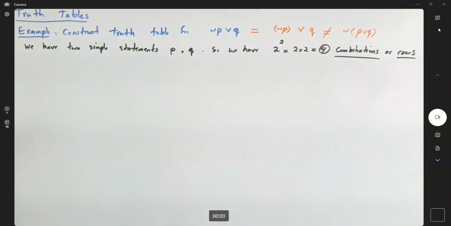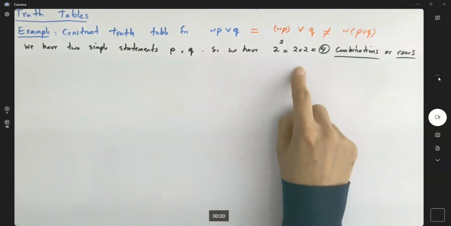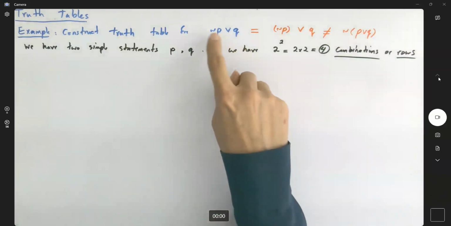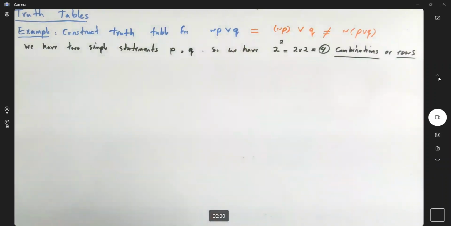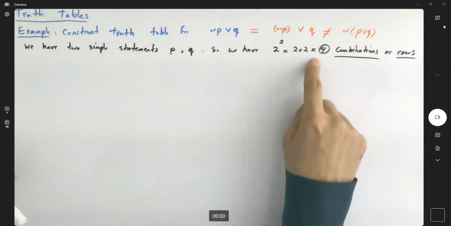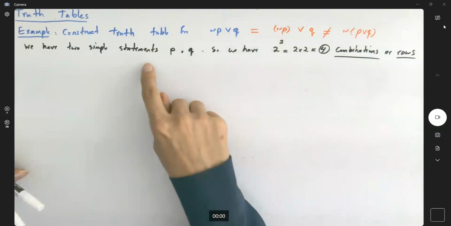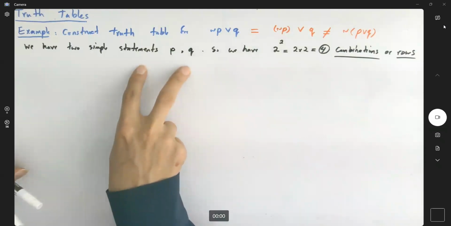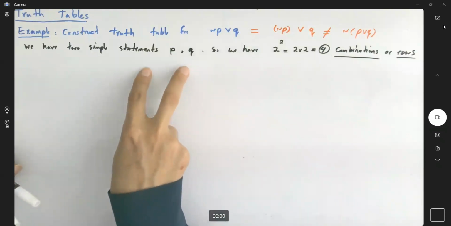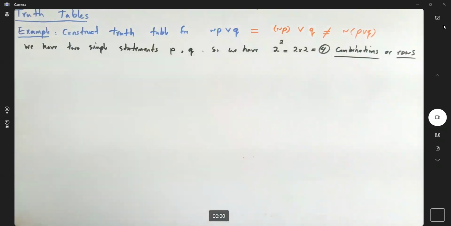Okay, very good. Let's see how to construct our truth table for this new statement. Since we have 4 combinations and 2 simple statements, we're going to end up with 2 fixed columns at the beginning of the table. Let us begin.